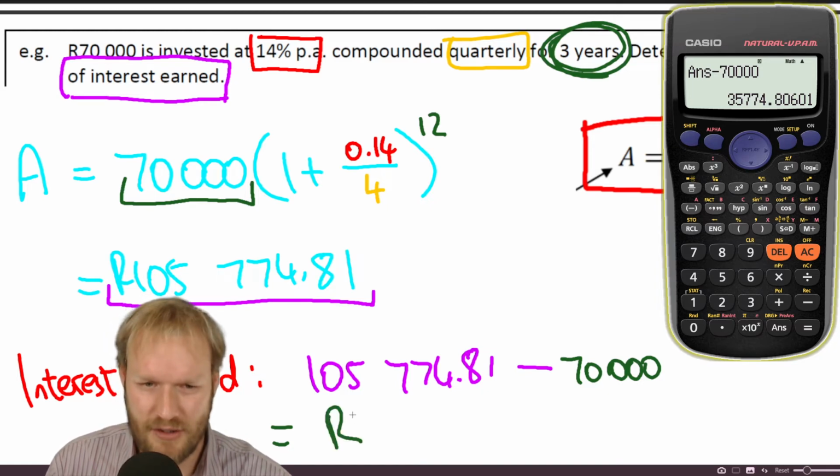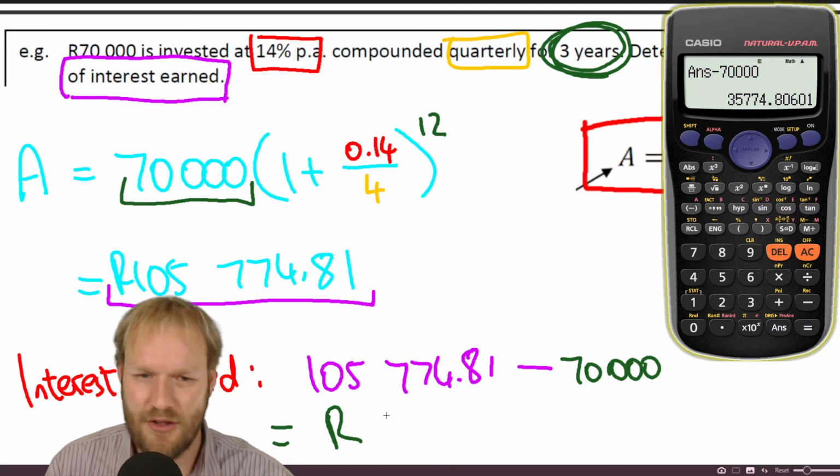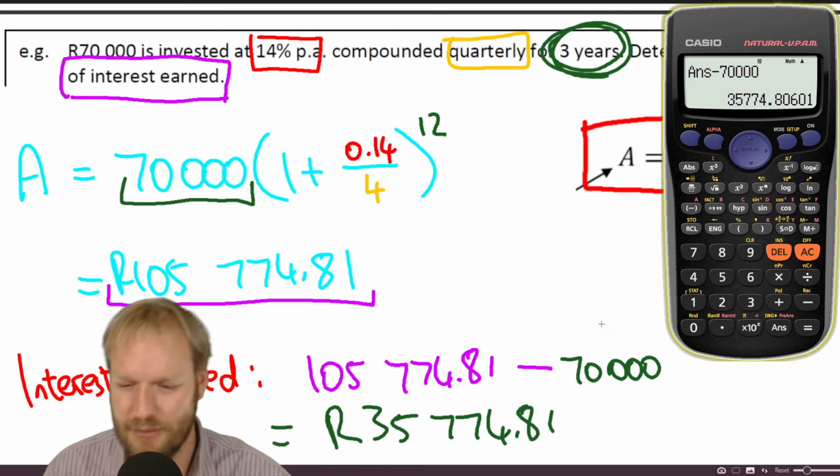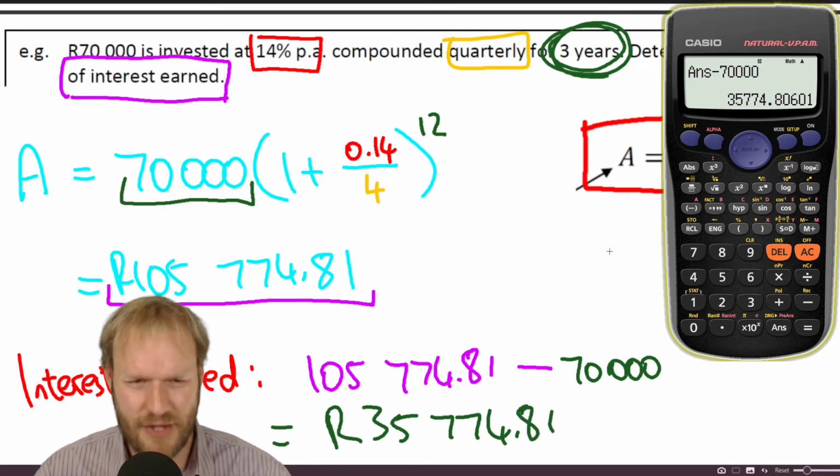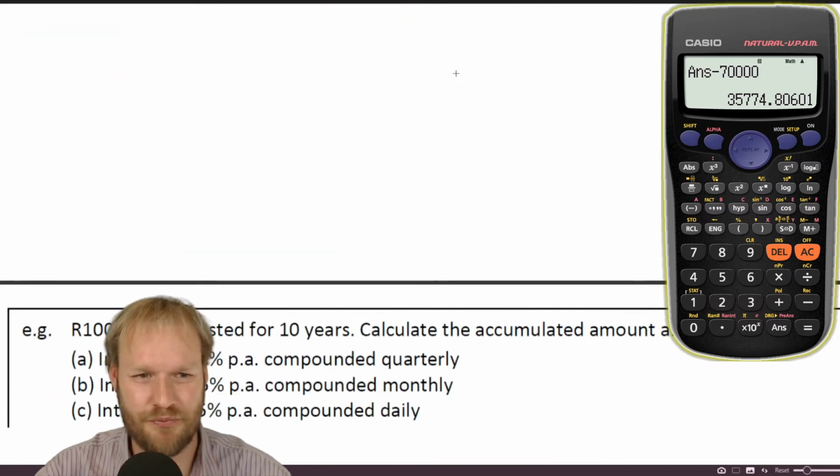So we've got, I'm going to put rand now, 35,774.81, obviously. Okay, so there we go. That's our interest earned. So maybe just keep an eye on what is being asked for.